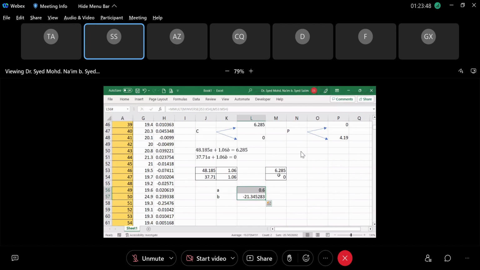So do not open Excel file twice. You can do all your calculation within a single Excel file. Do not open any other file than Excel itself. No Word file, no PowerPoint file during the exam.